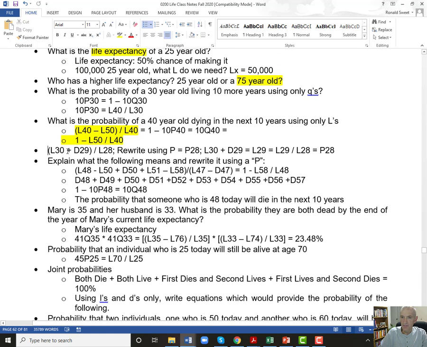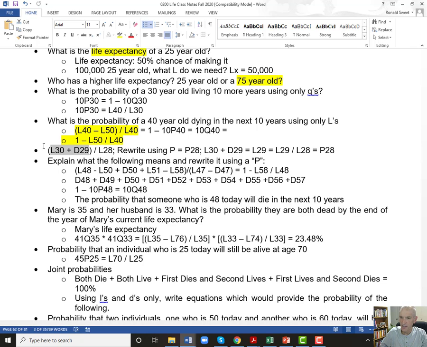So L30 plus D29 divided by L28. What in the world is that? All right, so this is another tough one. What is L30? People alive at age 30 plus the people who died at age 29. Well, if you think about that, that's L29. People alive at age 30 plus those who died during their 29th year, that's L29.